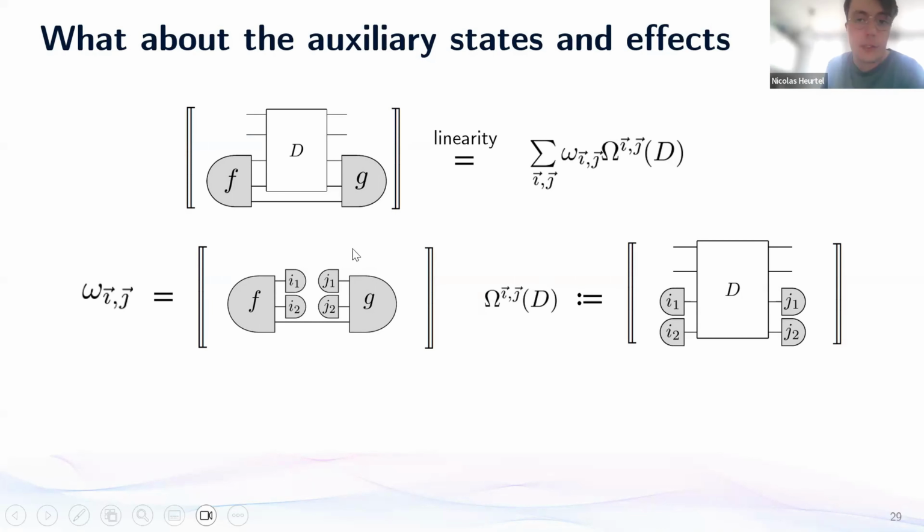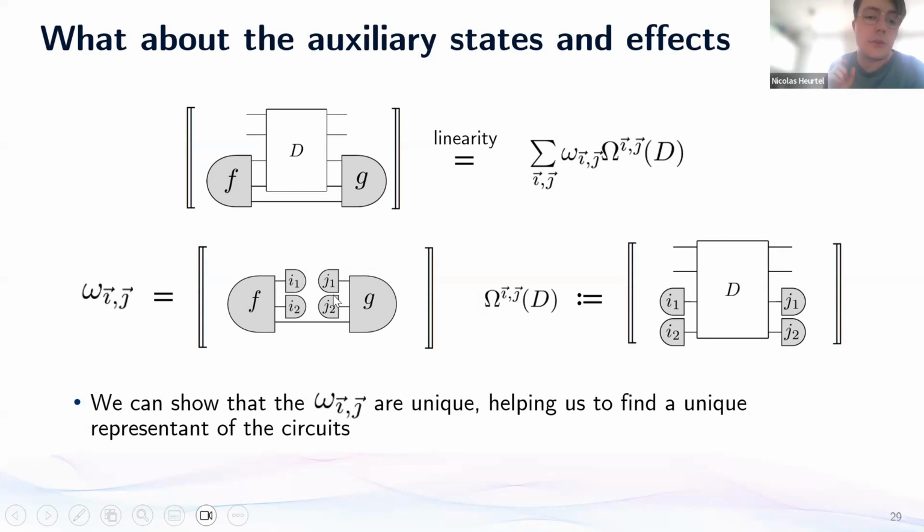I don't know if you have any question, but the idea is to decompose that into a basis, which is simpler and easier to deal with. And that basis, that omega, is basically unique. What we will show is that if you want fg to have the same semantics as f prime g prime, then you need the equality for the omega ij.